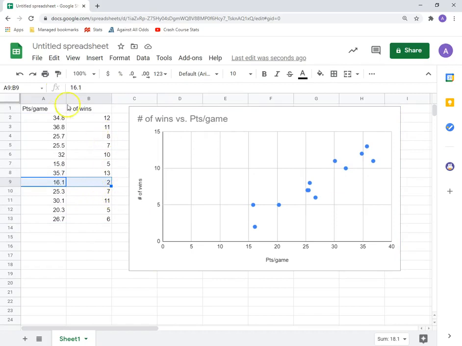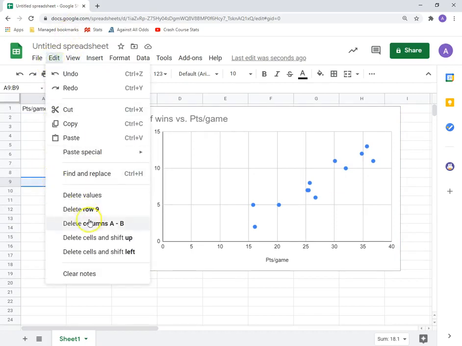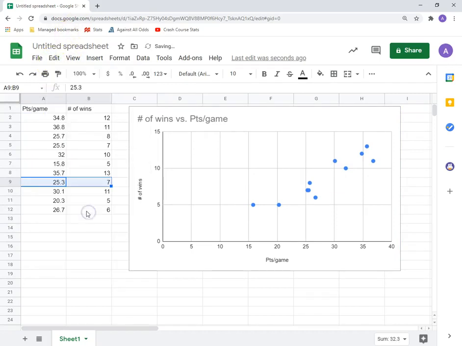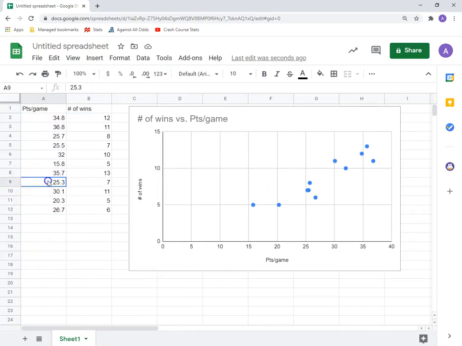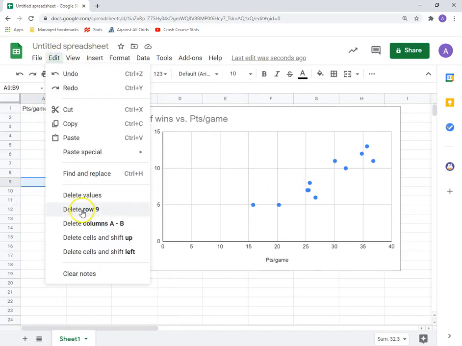And I'm going to go into Edit, and you can choose Delete Row. And then it just bumps everything up for me. I'm going to say that again. So I highlighted it. And then I went to Edit, and you choose Delete Row.